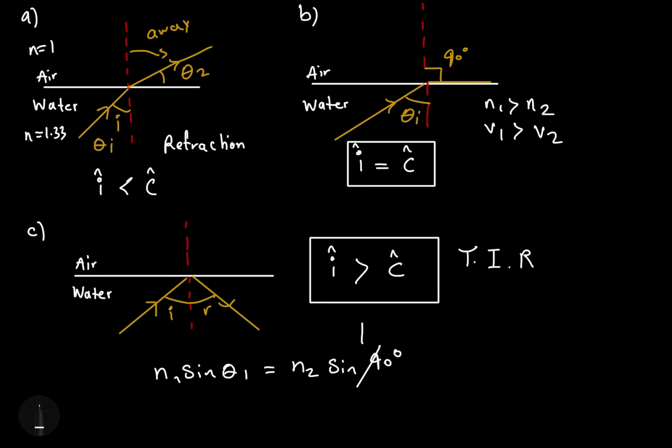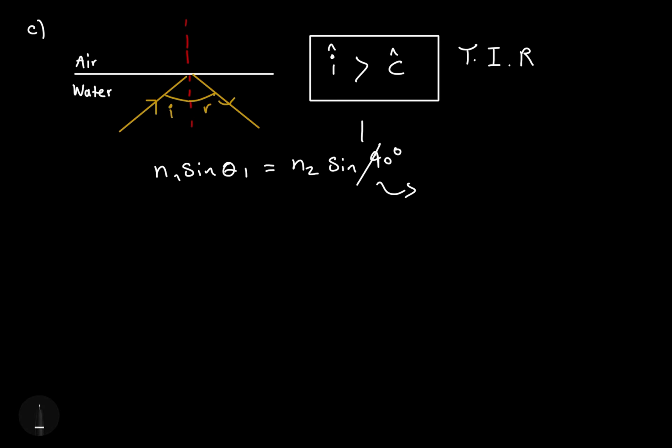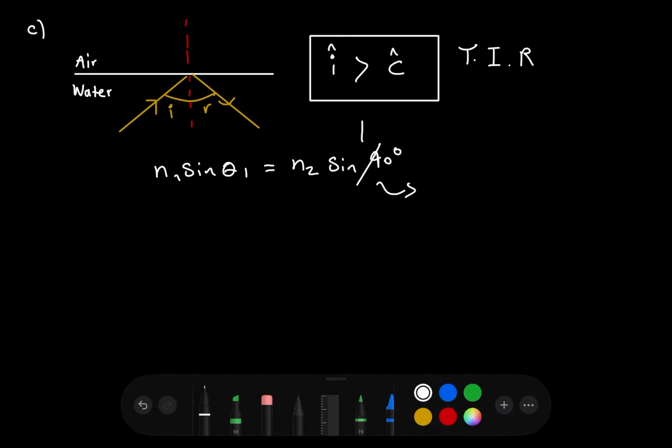So we can calculate the critical angle for any medium by doing the following. Theta 2 is equal to 90, and so theta c, or the first theta, is going to be equal to our critical angle. So we can find the critical angle by rearranging this formula for theta 1.